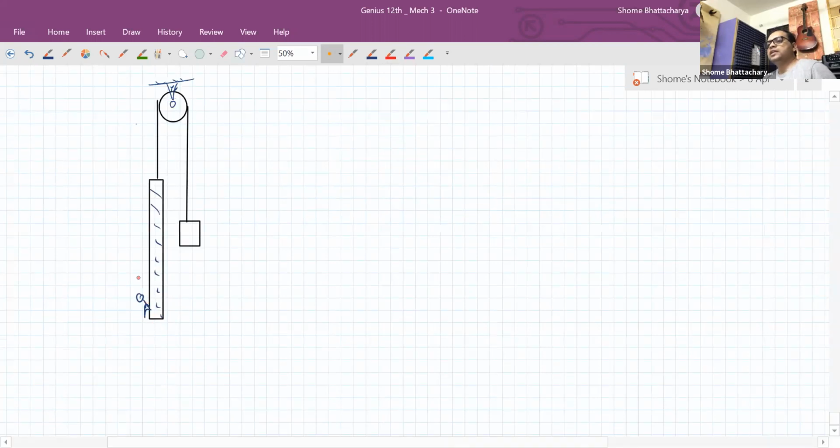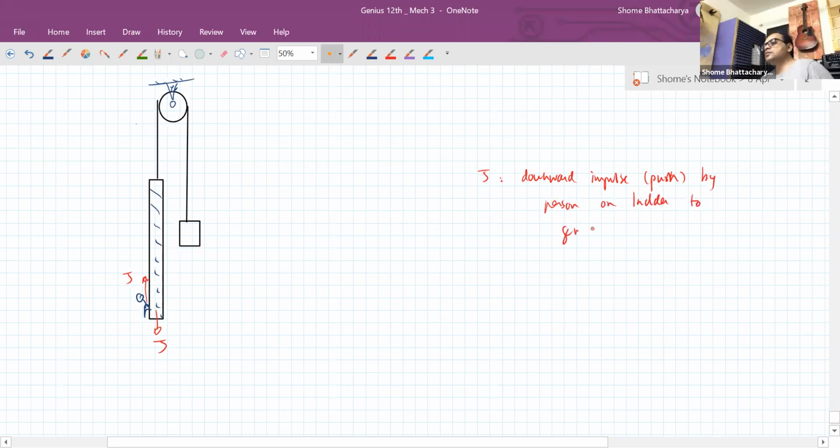There's obviously normal reaction acting between him and the ladder, but J is the downward impulse or push by the person on the ladder to generate an upward momentum.